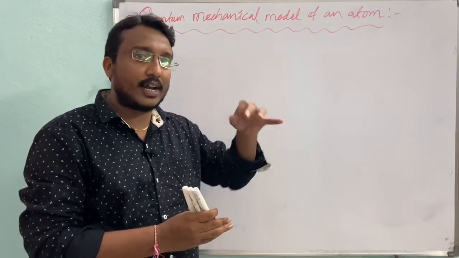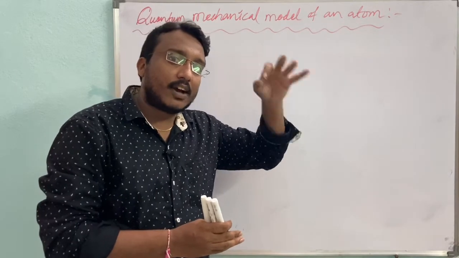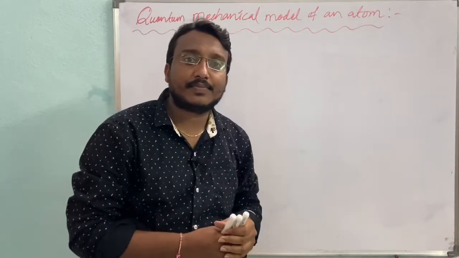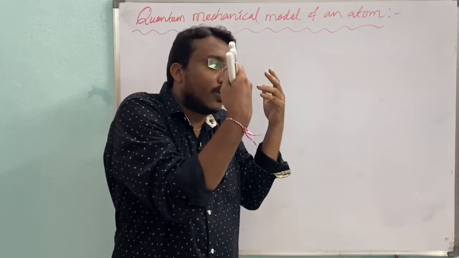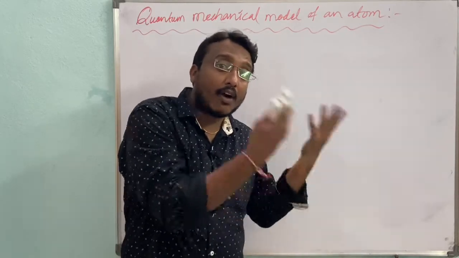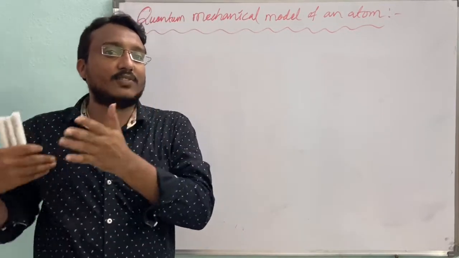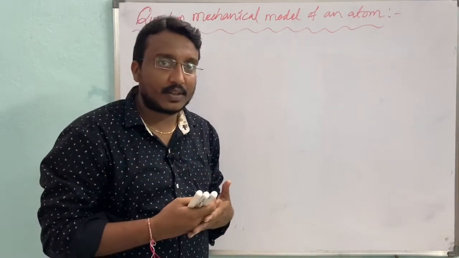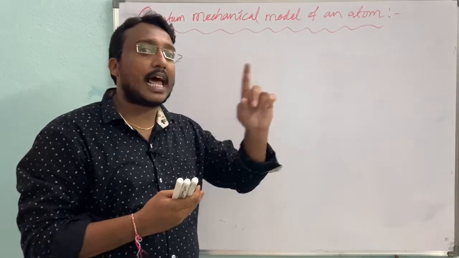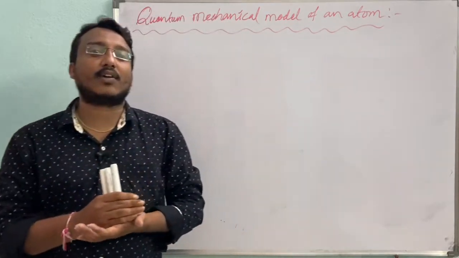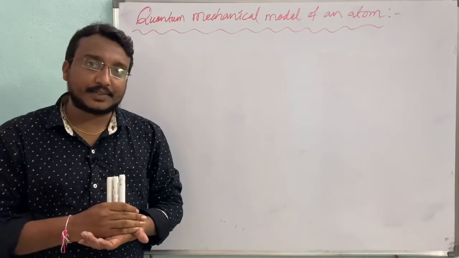If we can find the exact position of an electron in an atom, then to know the answer, we have to know some more answers for the following questions. I have to know the exact velocity of an electron, right?